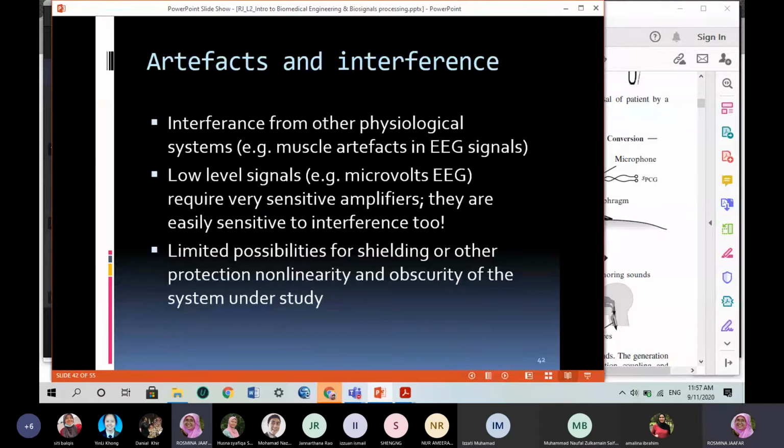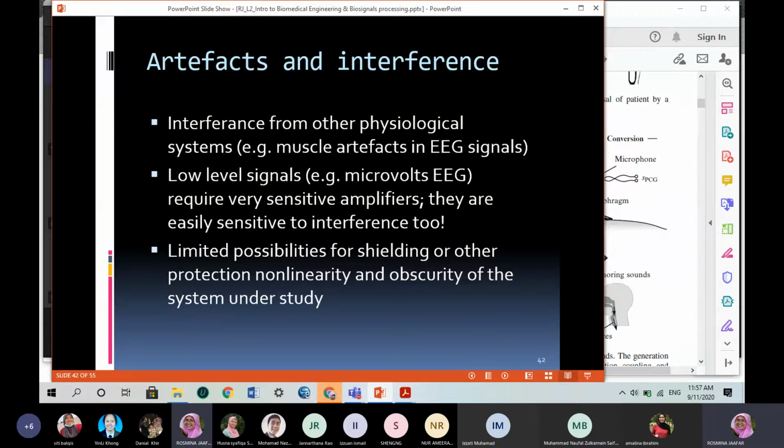Okay. Interference regarding interrelation among physiological systems can produce artifacts in the signals. For example, when you are recording EEG and you have muscle artifacts.